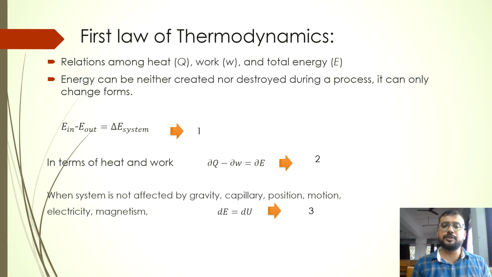In the macroscopic view of energy, all those related to the outer reference are known as macroscopic energy. For example, kinetic energy, potential energy, magnetic energy are all related with the outer reference of the system.